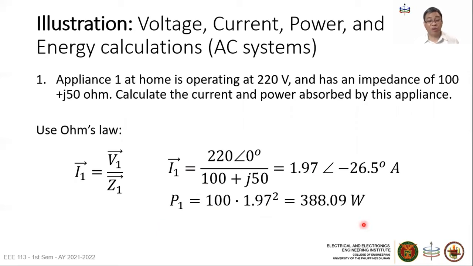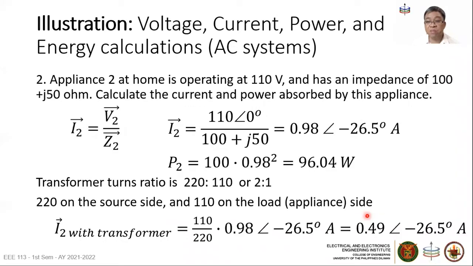That's 388.09 watts. Take note that the real power per se is a scalar quantity. The current is a phasor quantity, a complex number, but P is a scalar quantity in units of watts. I hope this part is clear. Again, if you have questions, we can discuss via forums.